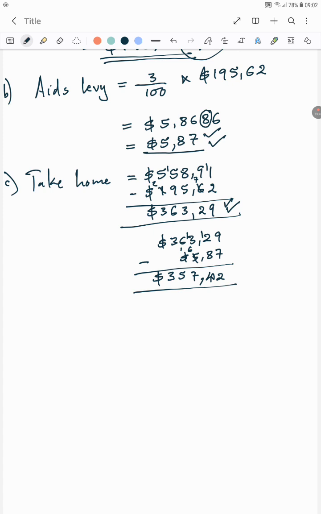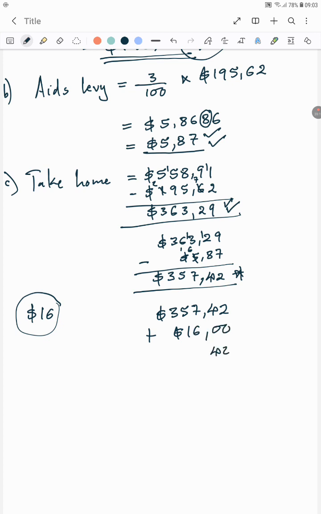remain with this amount, but now we need to add our tax-free allowances, with a total of $16, $6 for transport and $10 for housing. We're going to add them to this amount. So we say $357.42, plus $16.